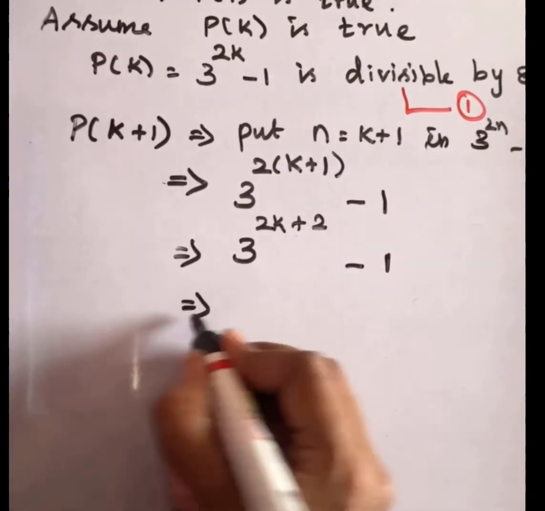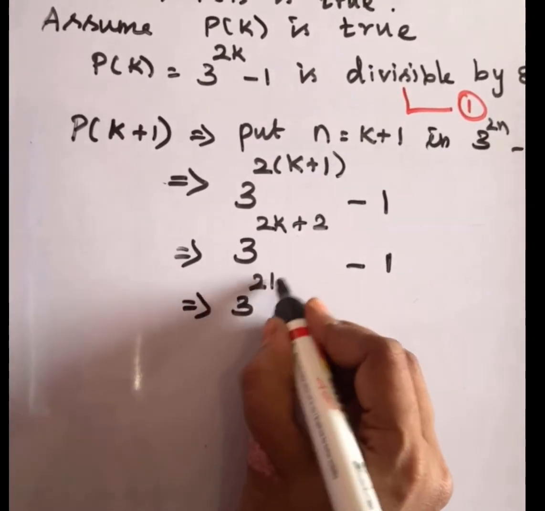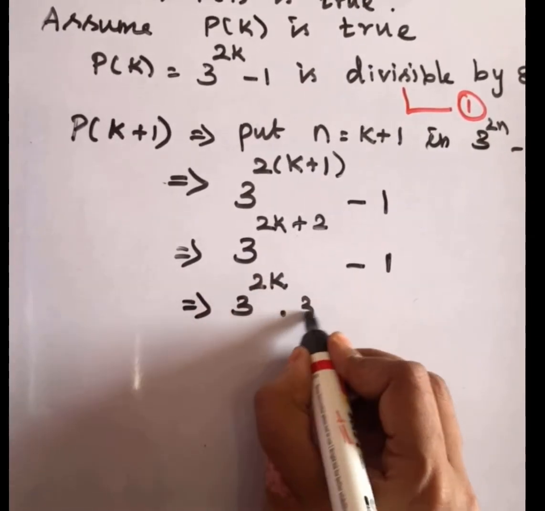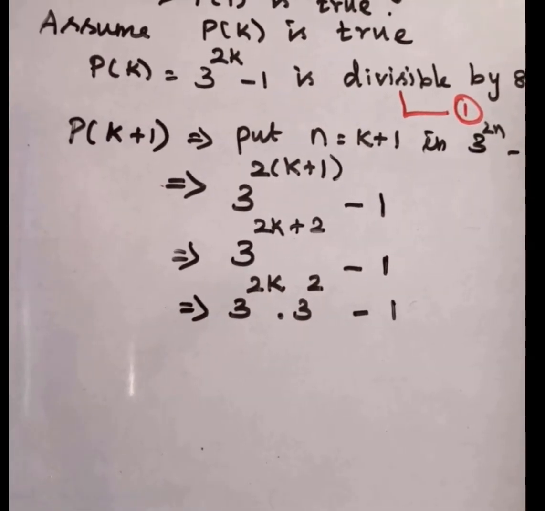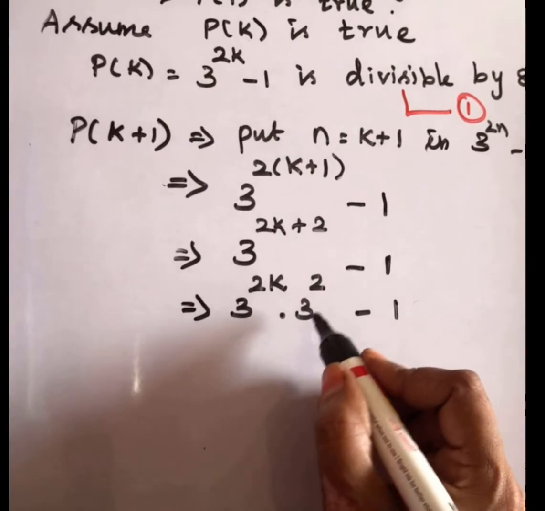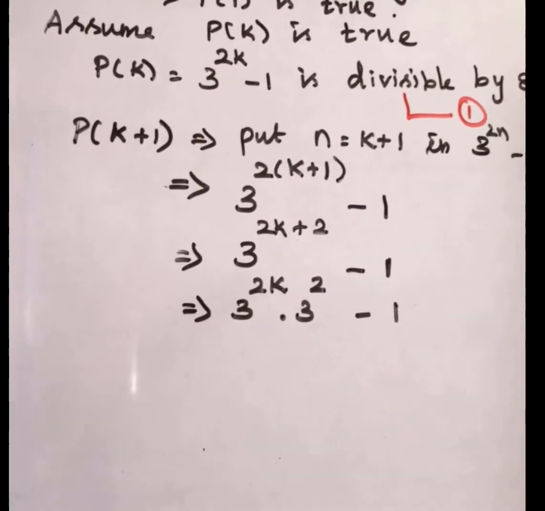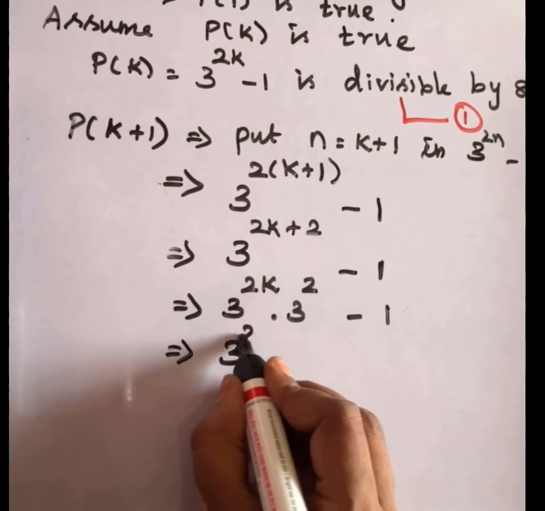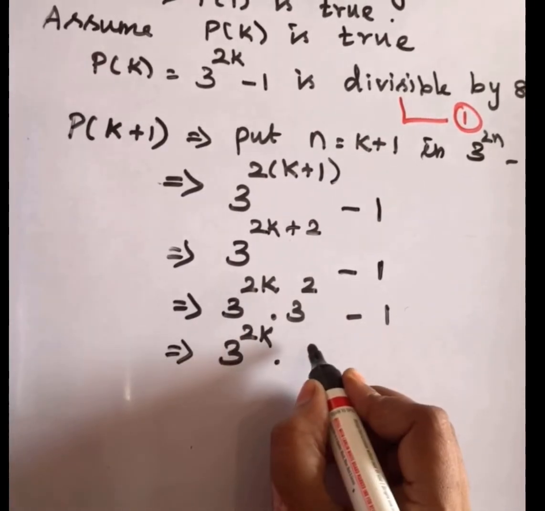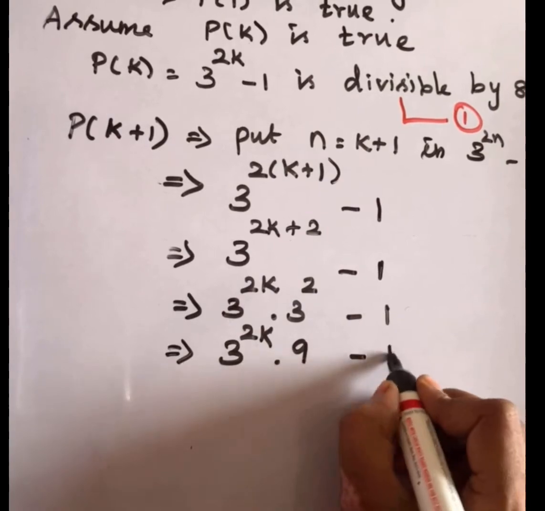That implies 3 power 2k into 3 square minus 1. So, 3 power 2k, what is 3 square? It is 9, minus 1.